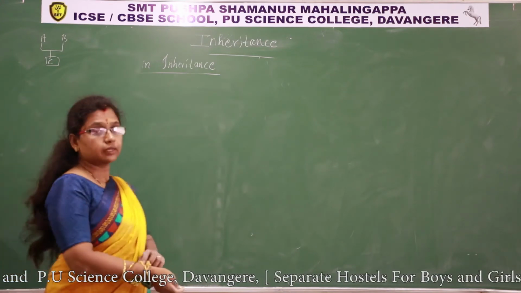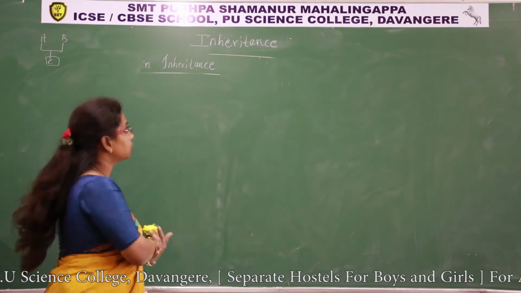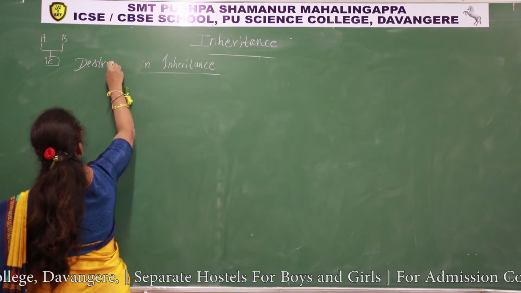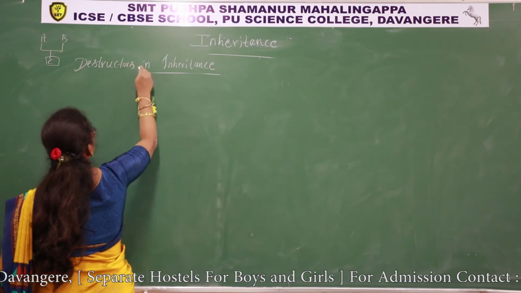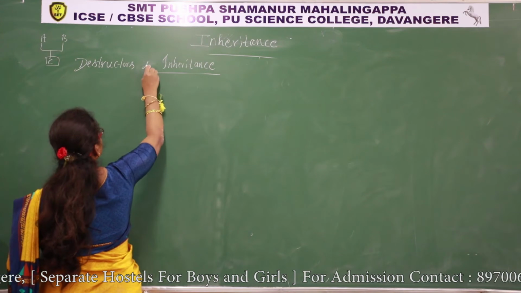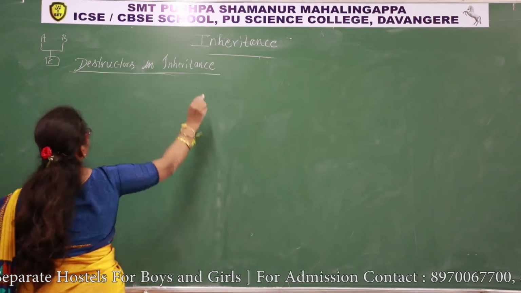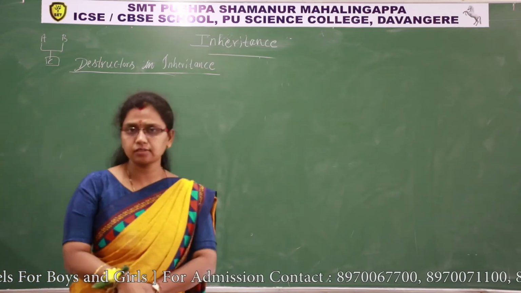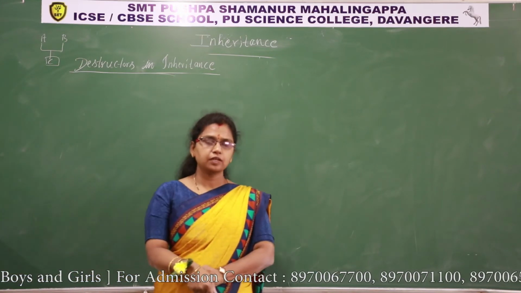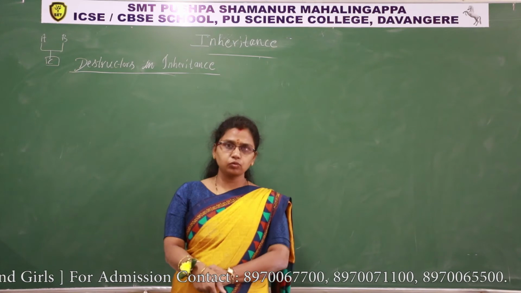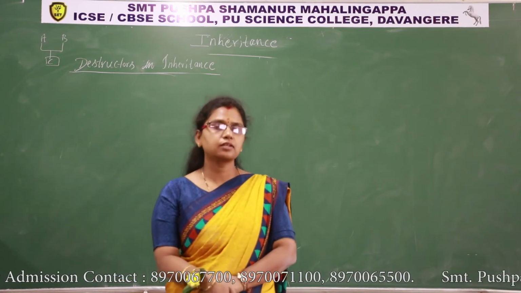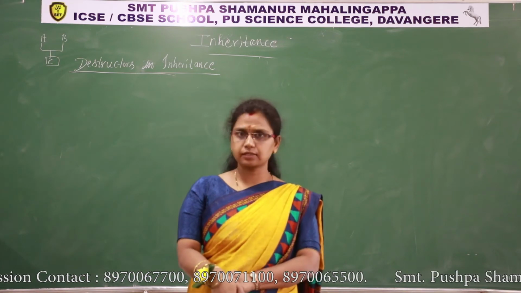Now, destructors in inheritance. Okay, so far we discussed constructors in inheritance. So, what is the rule? Constructors in inheritance: base class constructors execute first, then the derived class constructor.